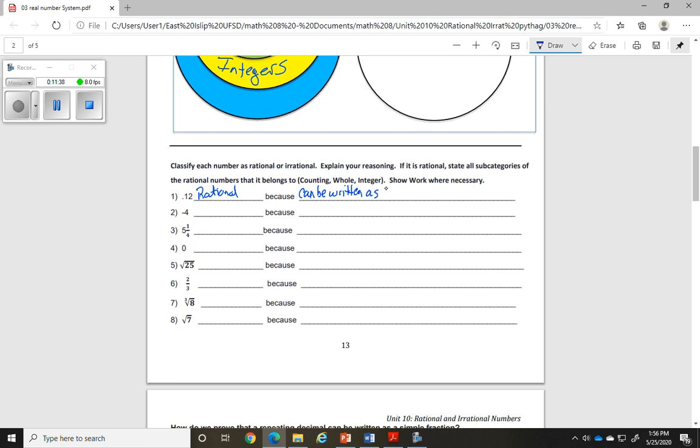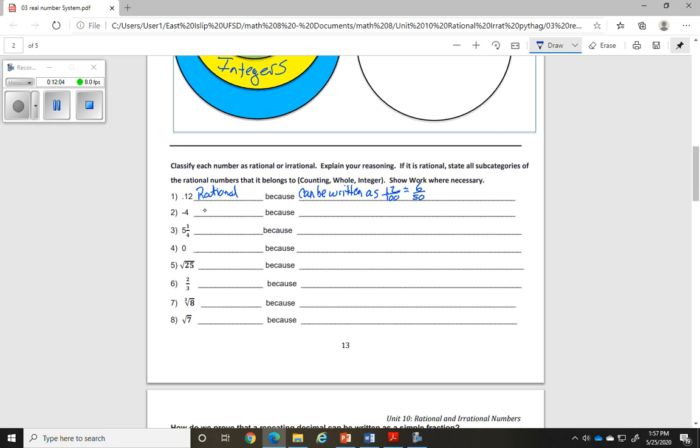I'll even write it as 12 over 100, right? 12 hundredths can be written as 12 over 100. I can simplify that. 6 over 50, right? So it is a simple fraction. And there aren't any other categories it belongs to, because remember, the fractions and decimals are just rational.